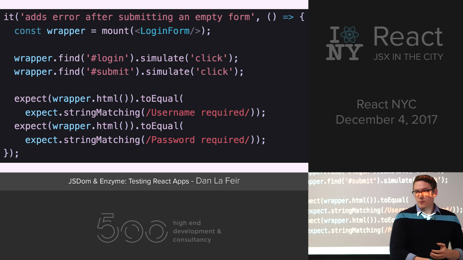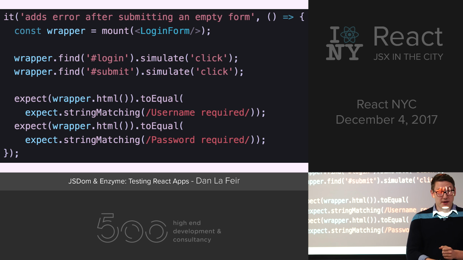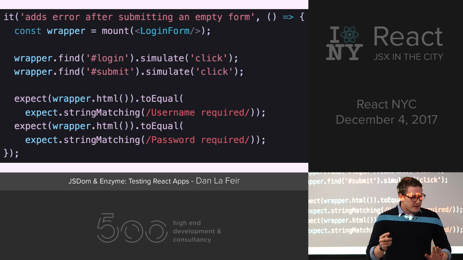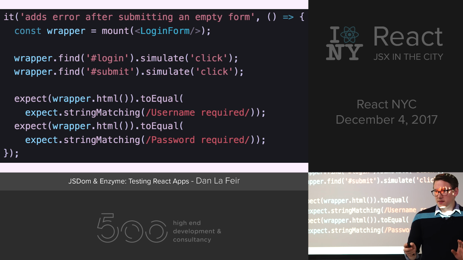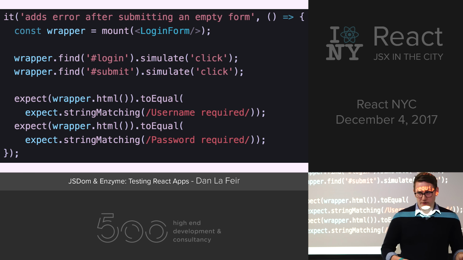And this test is not going to break because you decide to refactor that login form. It's going to break because you don't actually see that error anymore, which is the most important thing. And I think there's semantics associated with this, but if we compare the last test and this test, you're going to get more value out of this test.